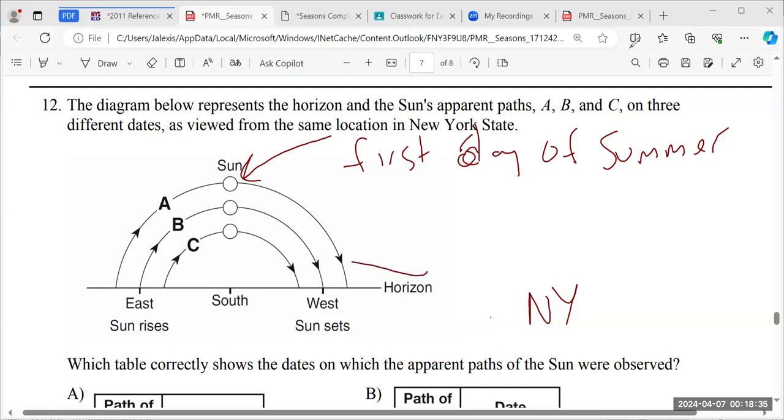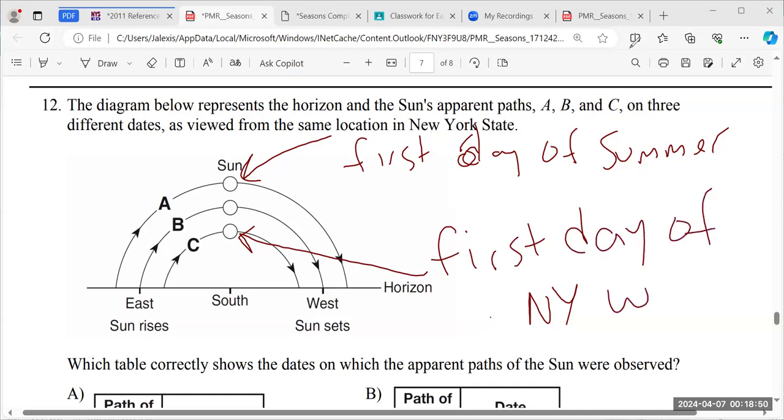And I know C, when the sun has the shortest and lowest path, I know that it is the first day of winter.